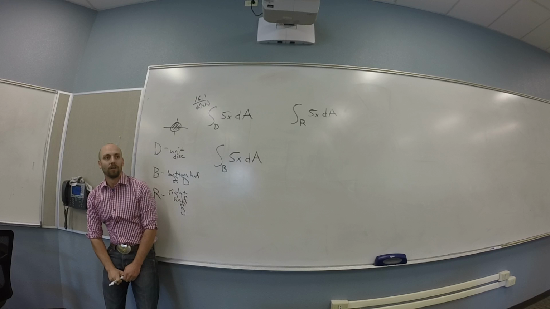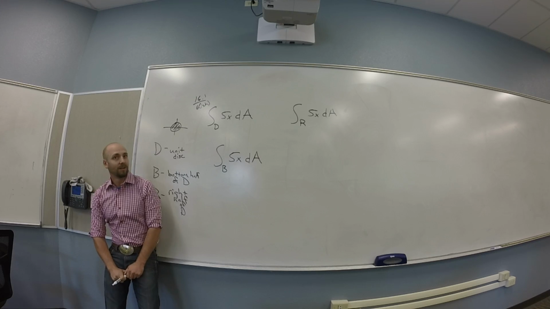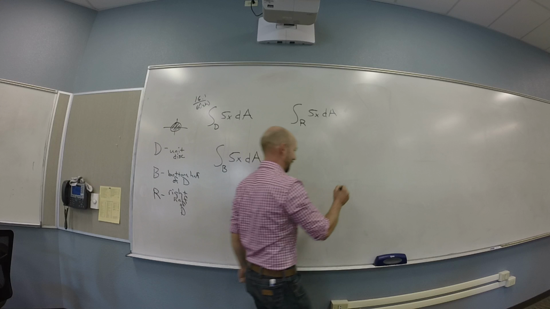Okay. Now I'm supposed to be applying this integral to this function 5x, right? What does the function 5x look like? Straight line, slope 5. Ah, there's a problem. It's three-dimensional. Isn't it?